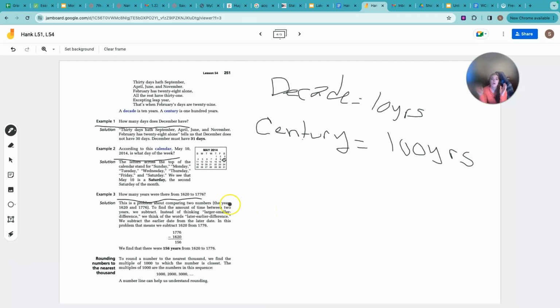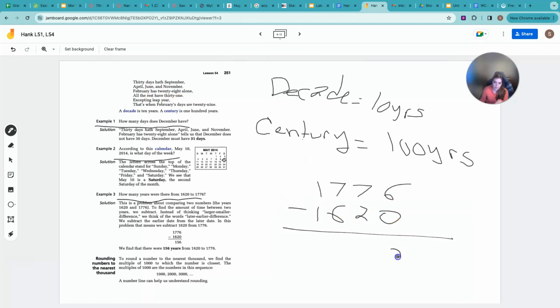We don't want to get confused and write this because we're going to get a negative number, which you can't have a negative number of years, right? So we want to put the larger number first. It's still going to give us the same answer because it's asking how many years are between these two sets of years. So we have 1776 and 1620.